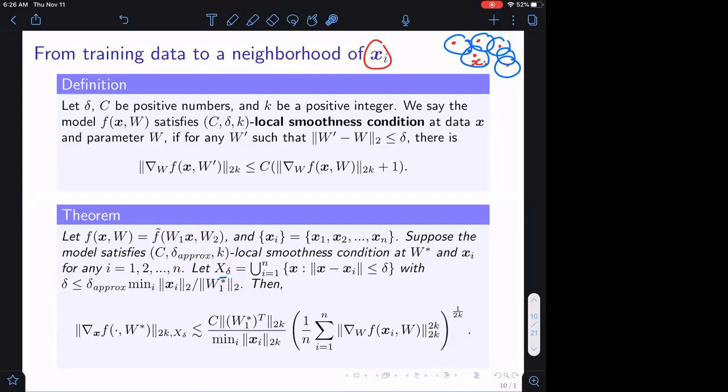Then there exists a neighborhood with radius delta such that within the union of all these disks, we also have a similar bound relationship between the x derivative and the w derivative. In the sense that this relationship between the x derivative and the w derivative can be transferred into this union of these blue disks rather than just at the training data.